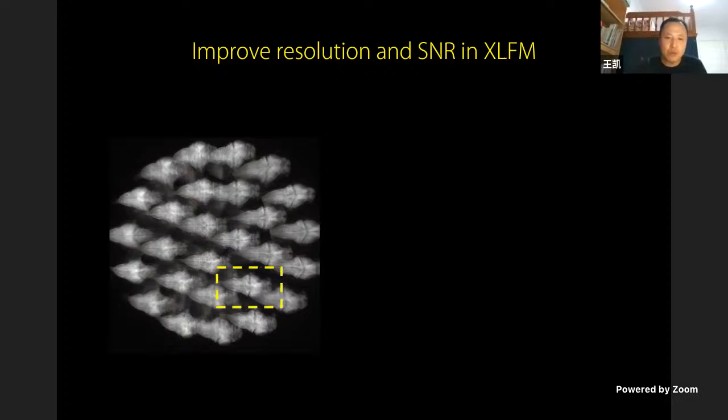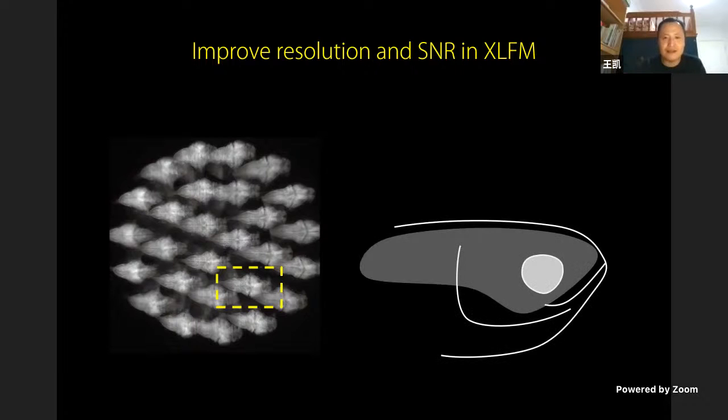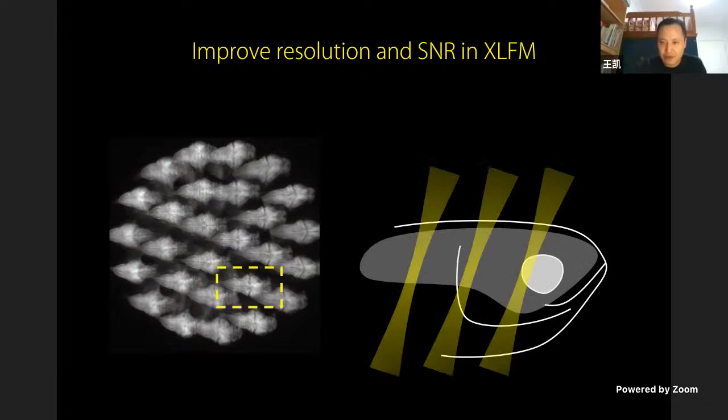So if we look at one particular small image, as I explained, which is actually a projection view of the zebrafish brain from a certain direction. So one micro lens corresponds to one particular direction. And in our previous design, we tried to cover the whole zebrafish brain.